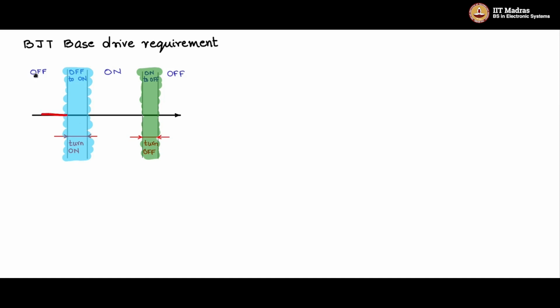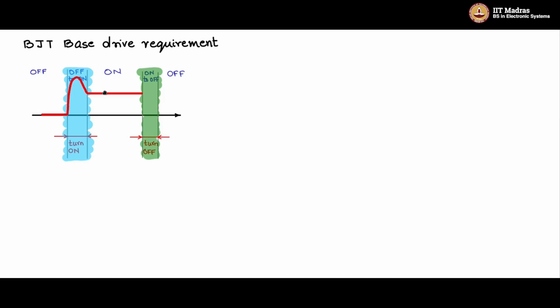Let us say the base current during the off state is 0, and during the turn-on portion, you give a base current surge and then it settles to a lower value, which will be the normal on base drive. This, we saw, will reduce the turn-on power dissipation, and then you keep it continuously on such that the BJT is in the on state.